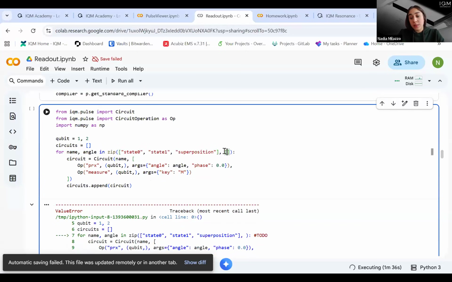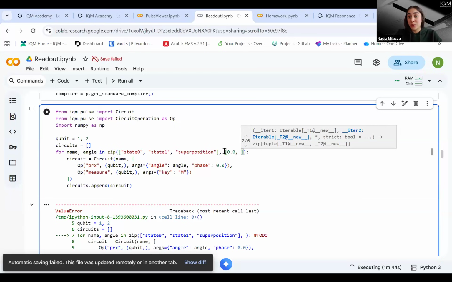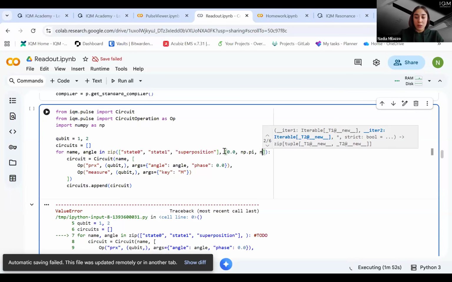For the state 0, we actually just input a 0. For the state 1, we know that we want to flip the state, so I'm going with a pi angle. And for the superposition, we will have pi over 2.